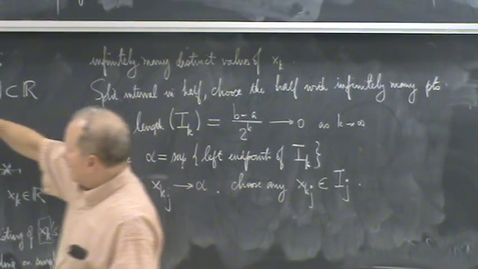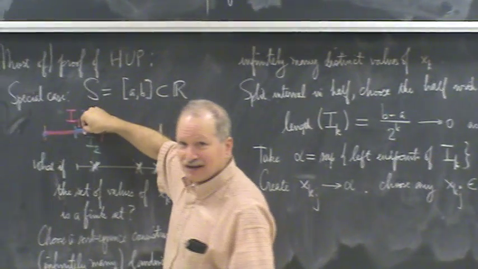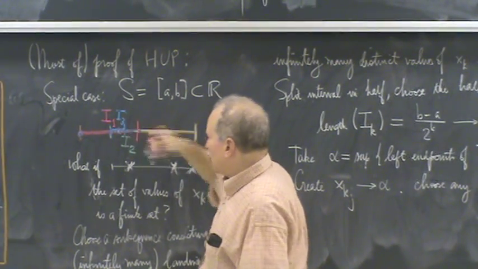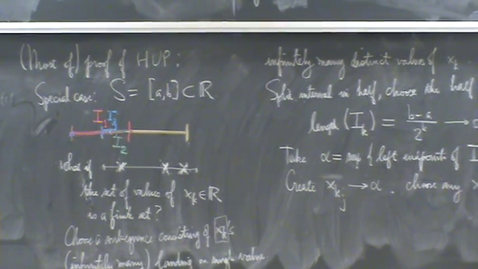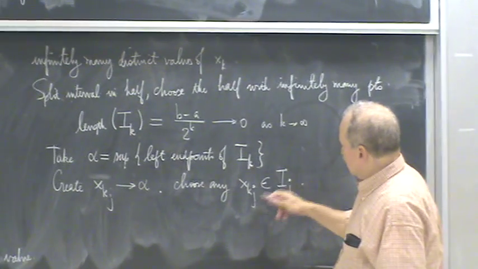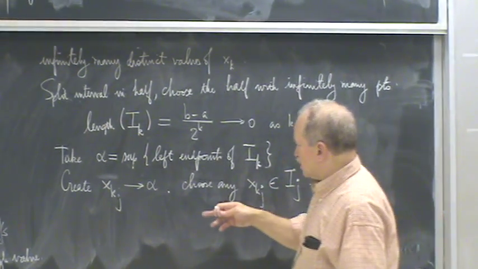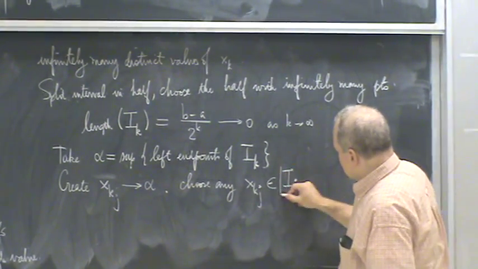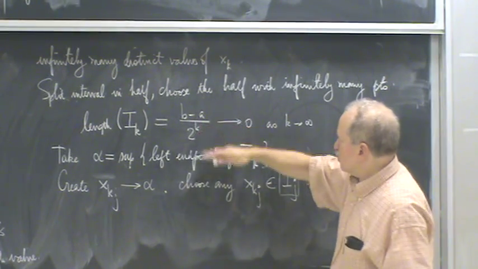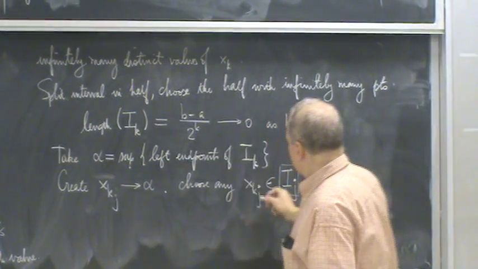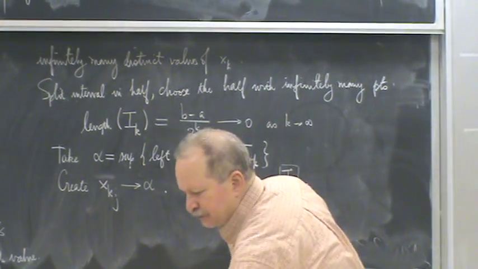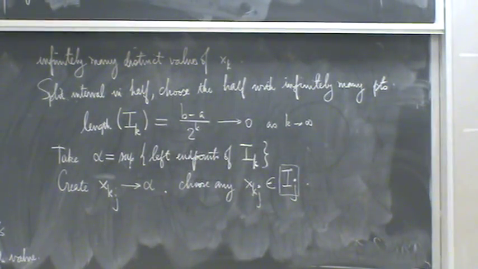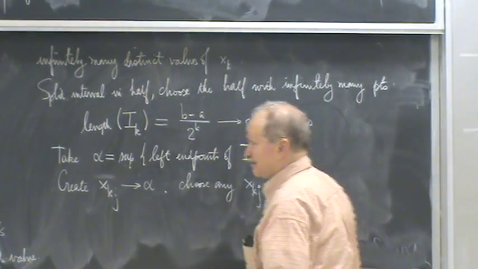Each of these intervals has infinitely many of my original sequence in it. Pick one of them. And so in the jth interval, pick your jth element of your subsequence. And now, because these subintervals are shrinking down, approaching this point alpha, this subsequence is going to get dragged to that point alpha. So that's the main idea.